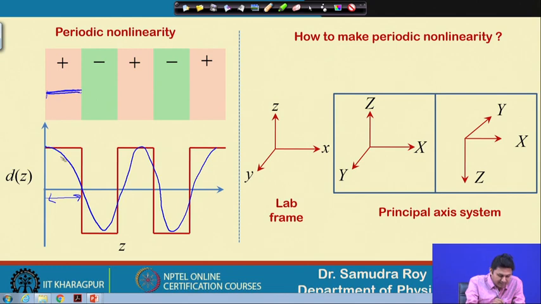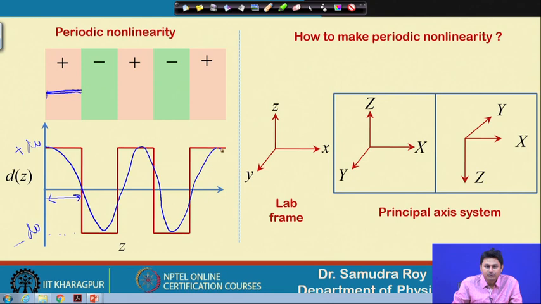In sinusoidal case the d value is changing, but if I put some crystal here, the d value remains constant from here to here. Now, what happened after this point, we will put the crystal in such a way that the value of d is negative. So, suddenly we have a drop. So, d value will go to negative side. So, if this point is plus d 0, this point will be minus d 0. So, it will vary like this, it is not going to vary sinusoidally.